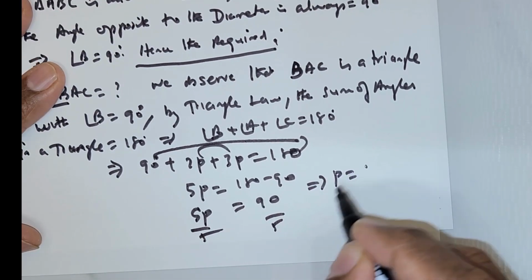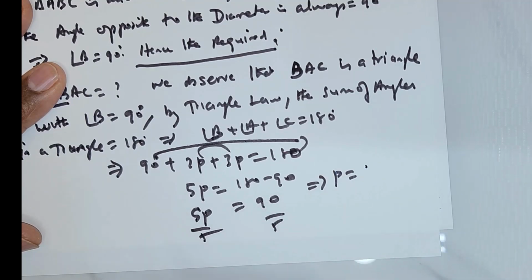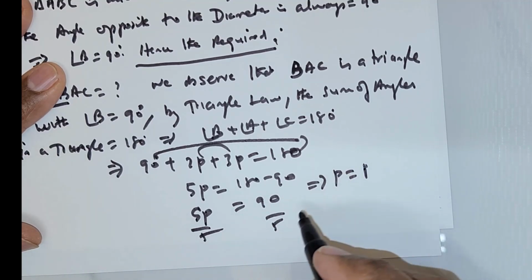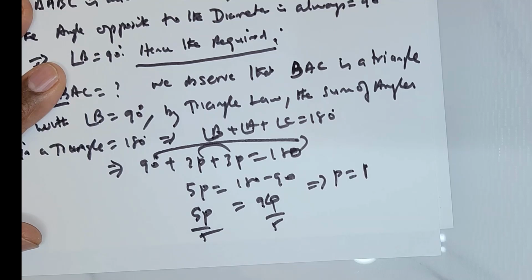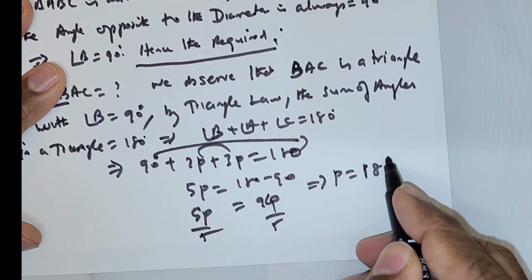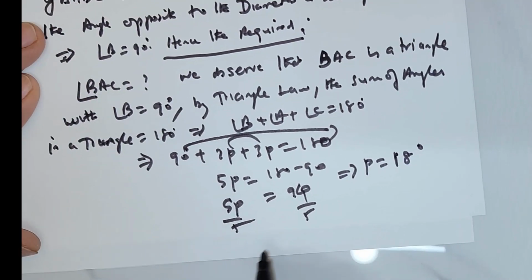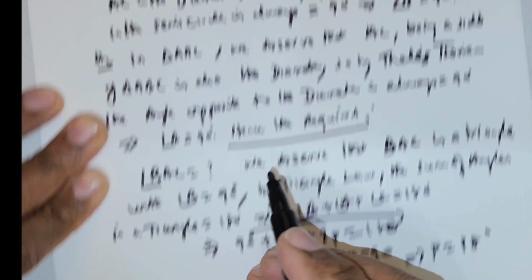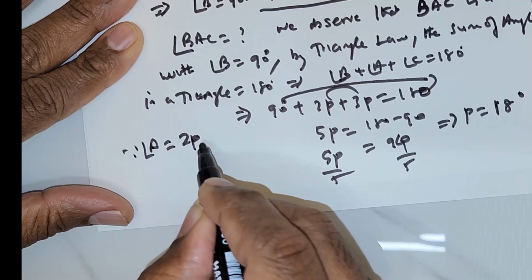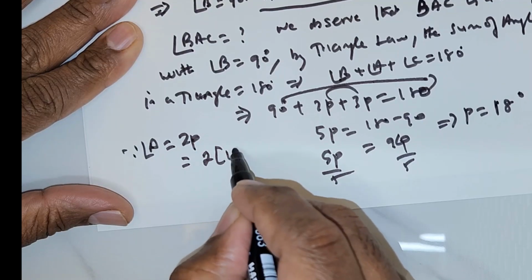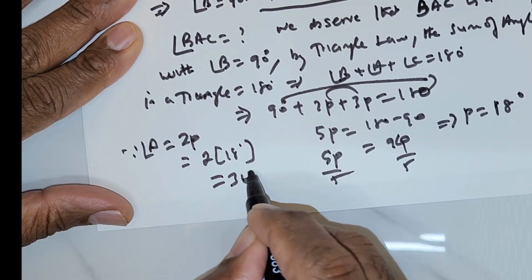You get p is equal to 5 divides 90 how many times? One time, and then you carry 4 to the other side, and it's going to be 18 degrees, right? But this is 2p. Since angle A is equal to 2 into p, which is nothing but 2 into 18, which is nothing but 36 degrees.